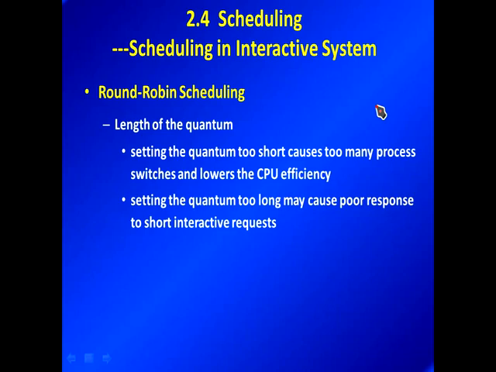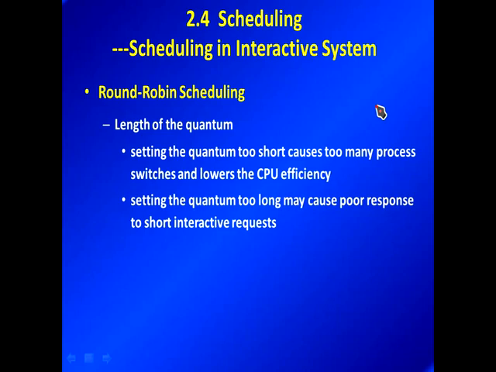It means you waste a lot of time on meaningless operations, because only the instructions from the application processes are doing something meaningful. The other operations on the process switches are just management behavior. They don't create any value, right? So we can't set the length of the quantum too short, and also we can't set it too long.